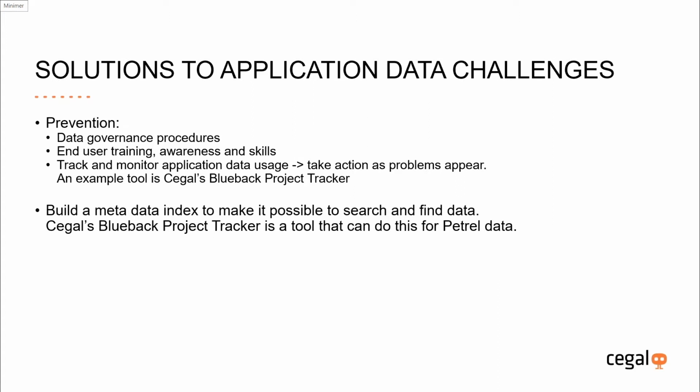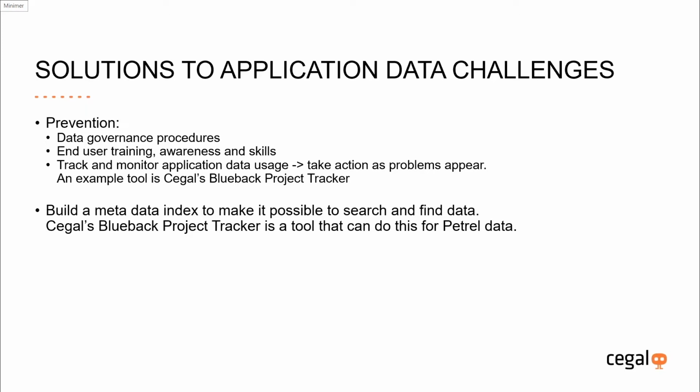So what are the solutions for this? First of all, try to prevent the problems from arising by having governance procedures in place, and make sure that end users using the applications are aware of the procedures and what problems can lead to. There are also tools to manage this.